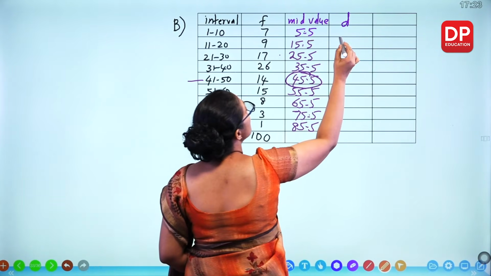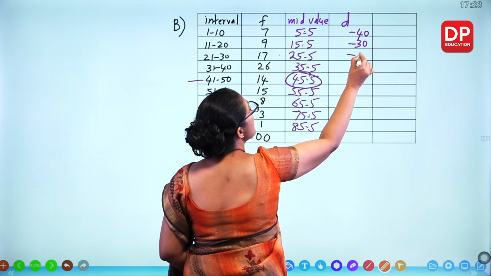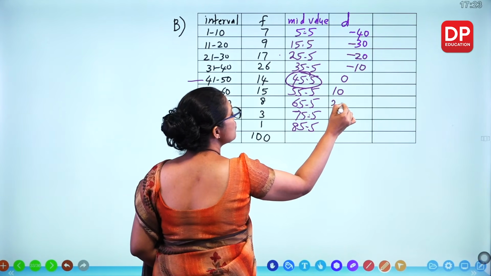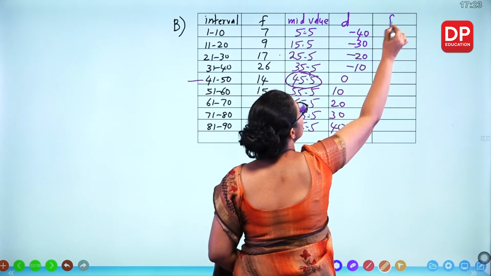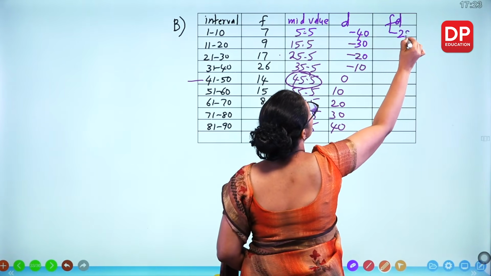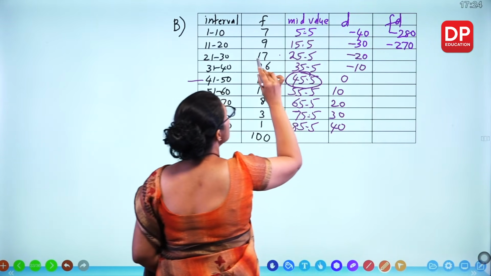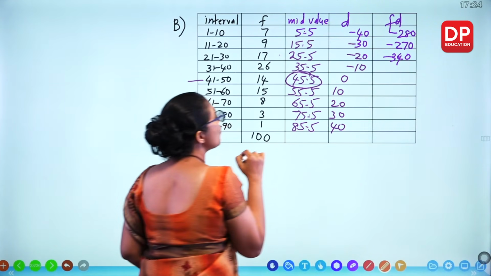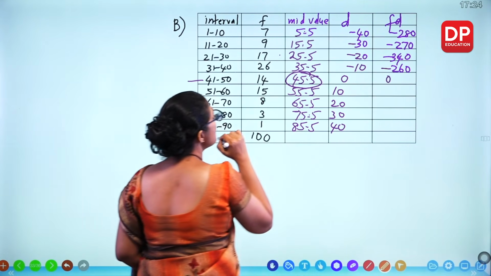Now take this one as the assumed mean, calculate the difference. You get, subtract minus 40, minus 30, minus 20, minus 10, 0 and take the positive values 10, 20, 30, 40. Now multiply F and D. 7 times 40, 280. 30 times 9, minus 270. 20 times this, minus 260 and you get 0 here.